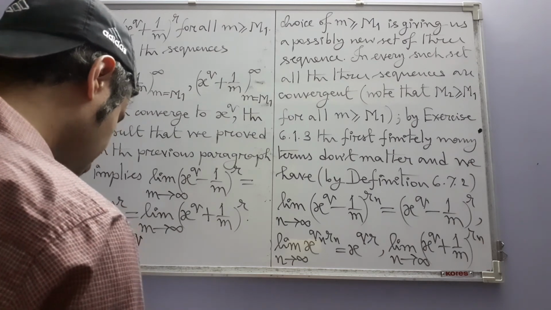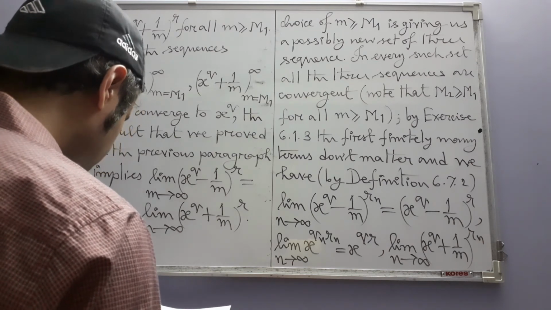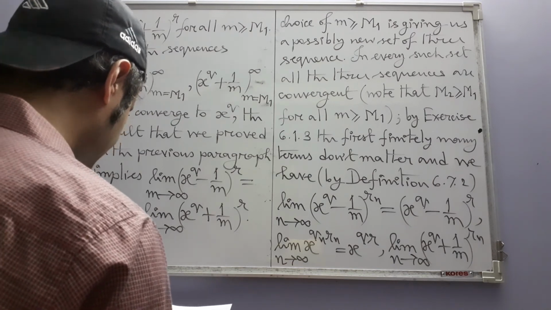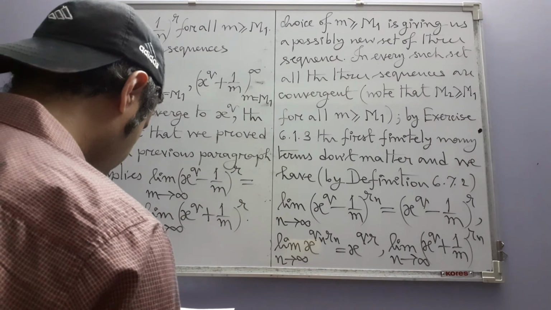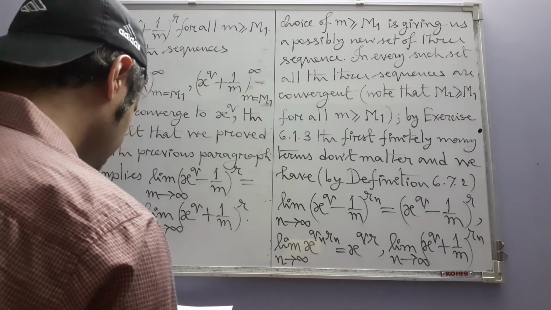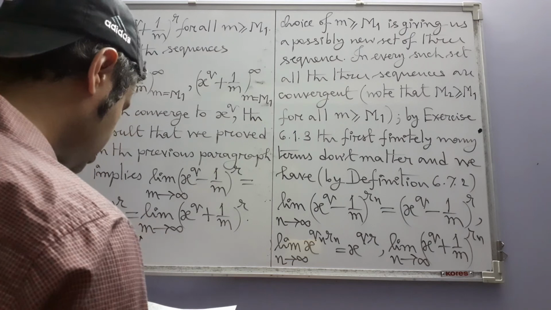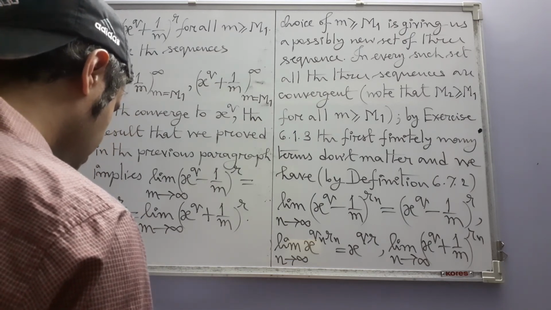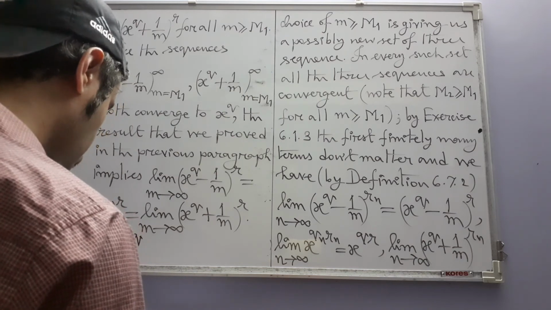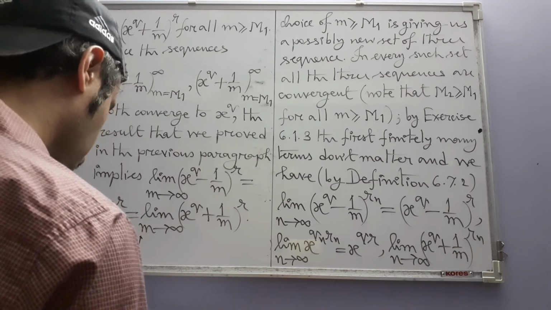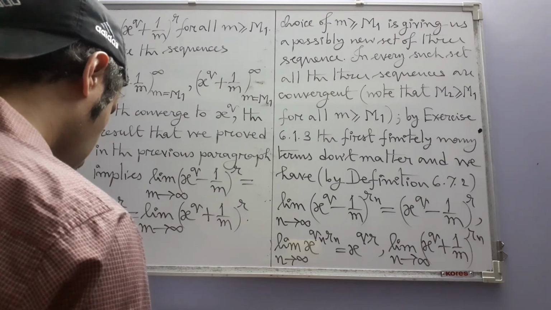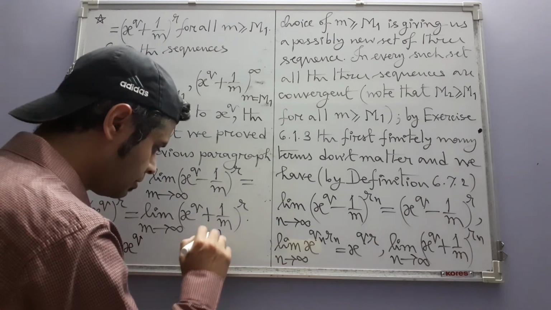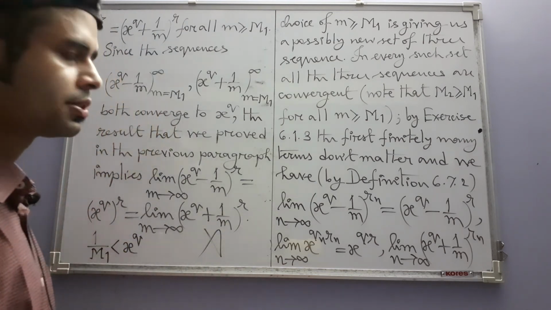Let me just see for a moment whether I have made a mistake or I am making a mistake in interpreting it. The result we proved in the previous paragraph shows that this limit is equal to... Now, I think this is a genuine mistake. The whole proof stops here.